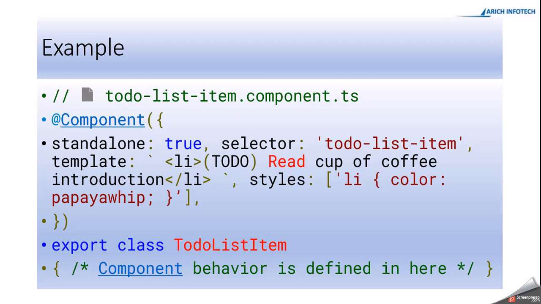This is a TS file, and we call the TS file a component. The main thing here is that the first word is standalone equal to true.